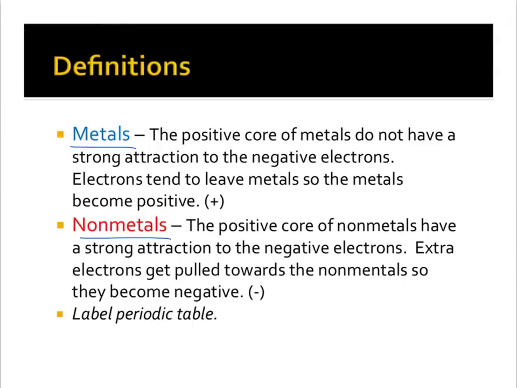Now, the nonmetals are kind of your more strict parents, and they have this really strong attraction, and they hold their electrons in, and they say, no, you can't go out, and you have to be home by 10:30. So they're really, really strict, whereas the metals are a little loose with their electrons and allow them to go pretty much wherever.